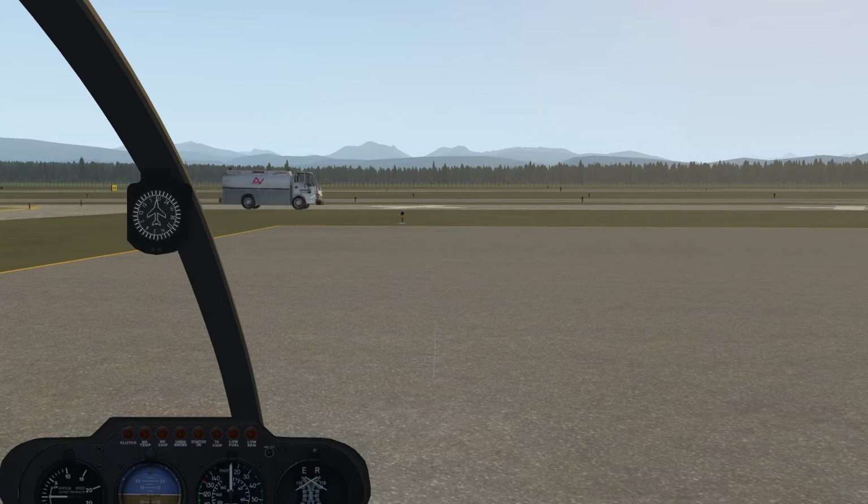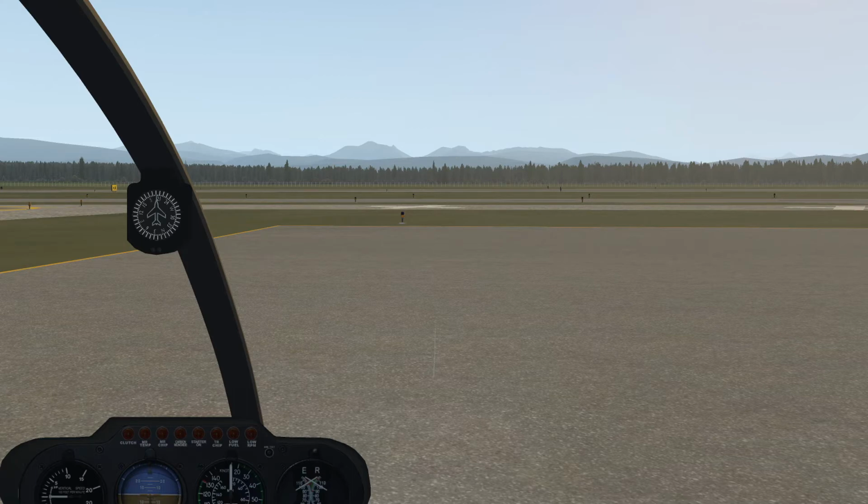Now, if you experience an engine failure at hover height, just like in an engine failure at a higher altitude, you need to apply right pedal because the nose will yaw to the left.